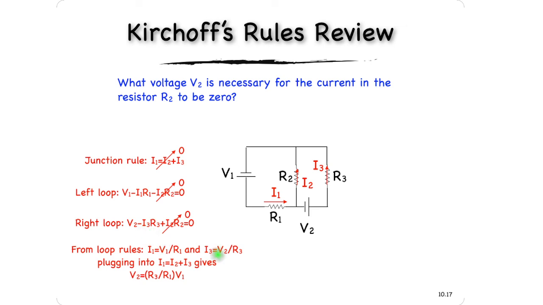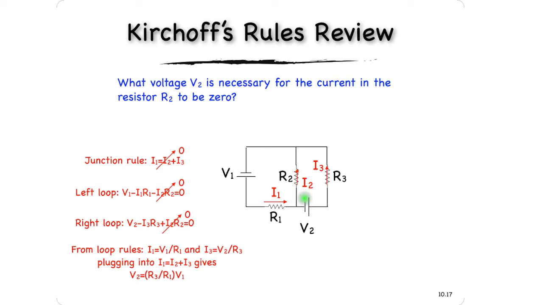And current 3 from the third equation is V2 over R3. And when I plug those back up into here, I can relate them and solve for V2, which was what I was asked. In this case, V2 has to be equal to V1 times R3 over R1 in order for no current to flow through R2.